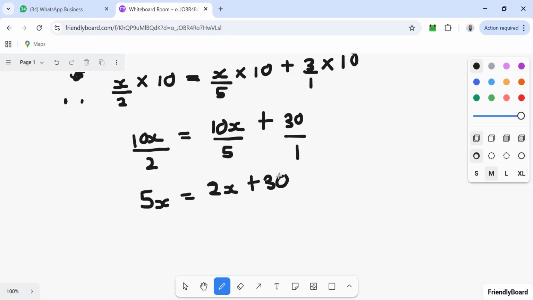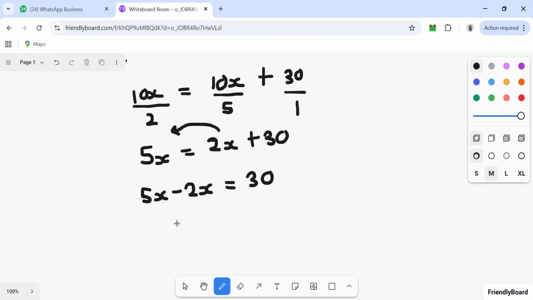Then I'm going to simplify. Take this 2x to the other side, which is going to be subtracted, of course. So it will be 5x minus 2x is equal to 30. And this simplifies to 3x is equal to 30.